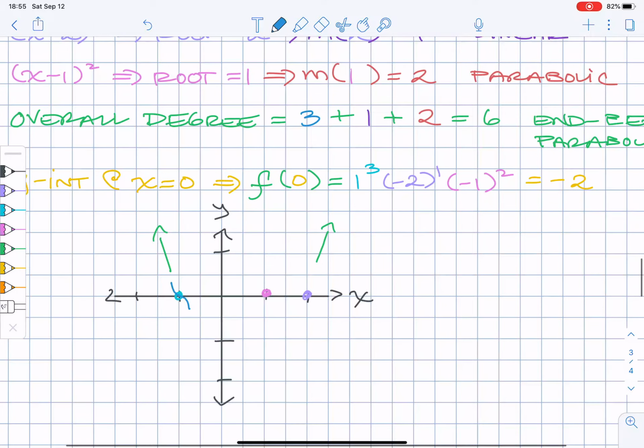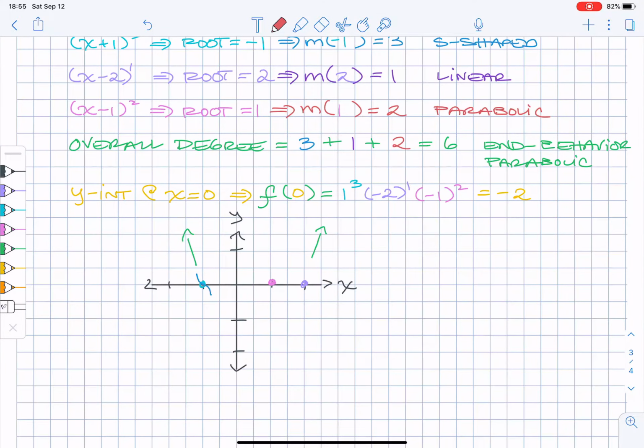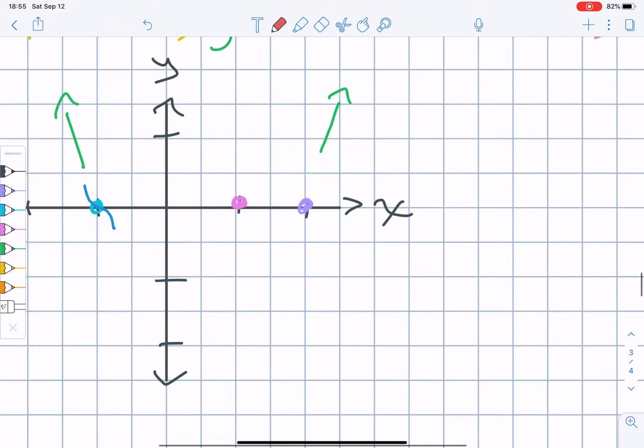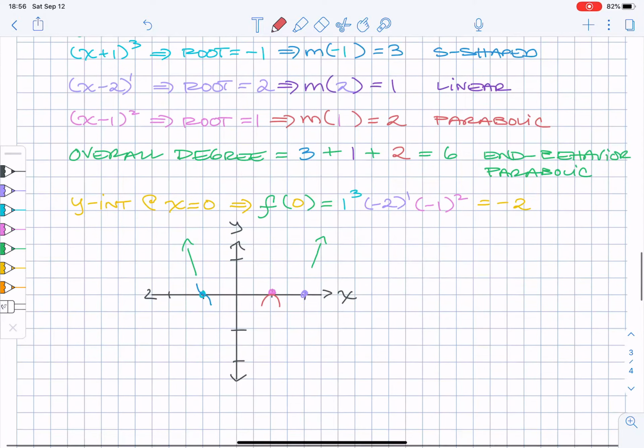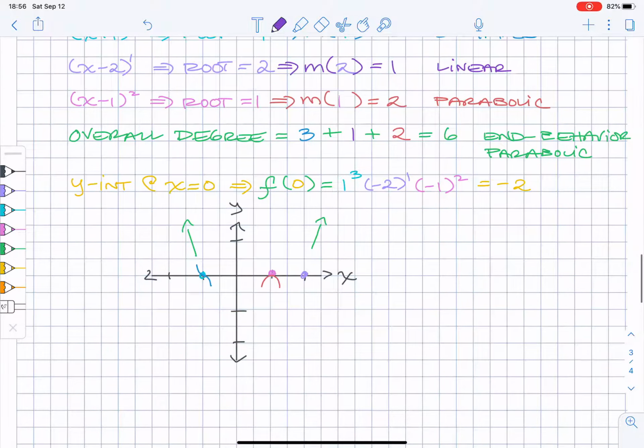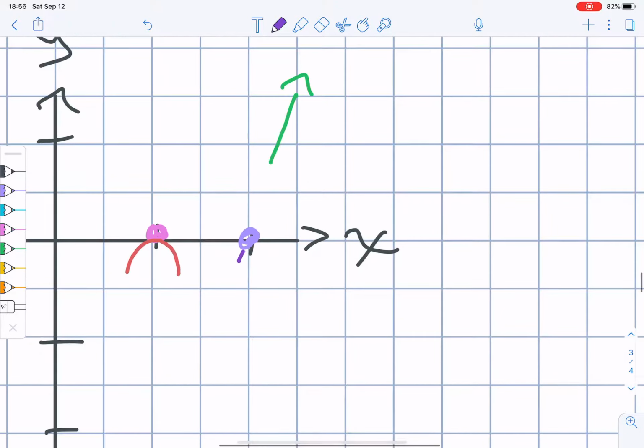Now I'm going to be coming from beneath the x-axis and going back through the root at 1. The root at 1 is parabolic, so I'm coming from beneath and making a little parabola. Then I'm going to come around back to the root at 2, which had multiplicity 1, so that's just going to be a little line.